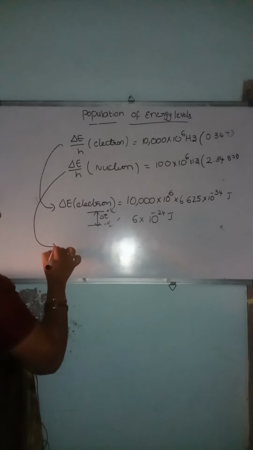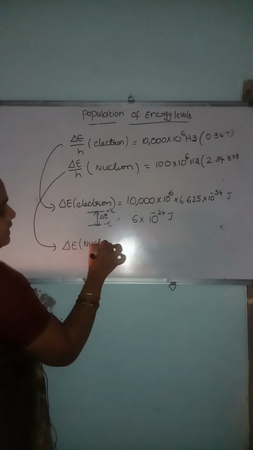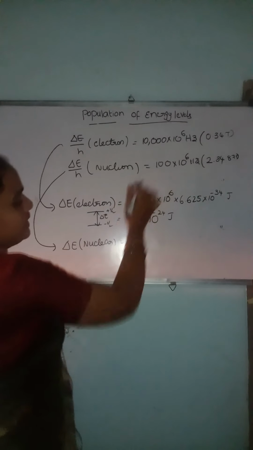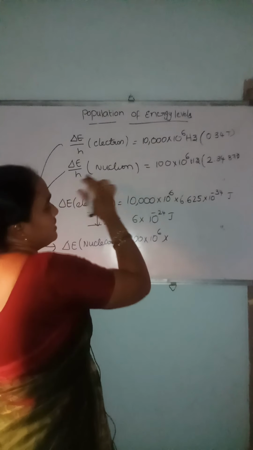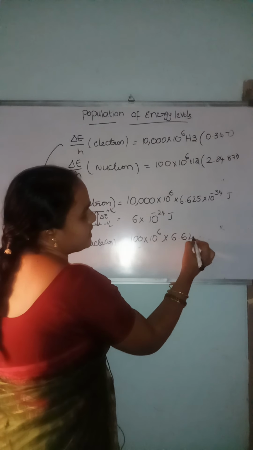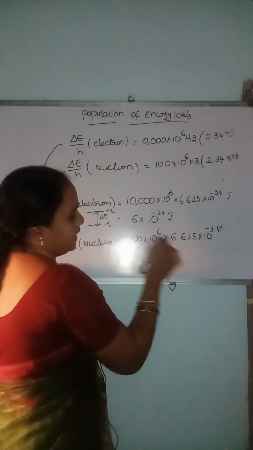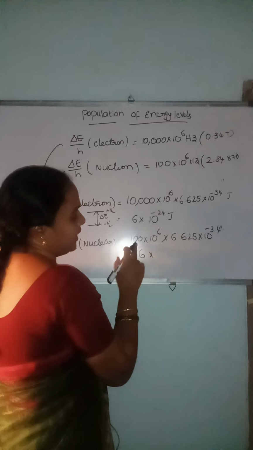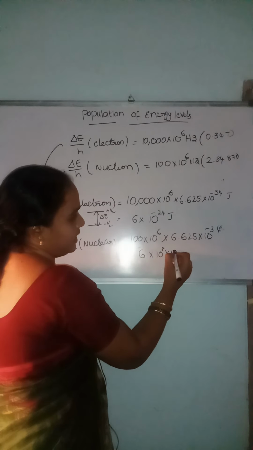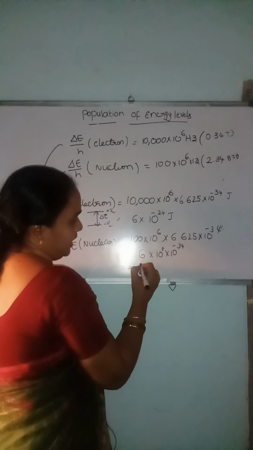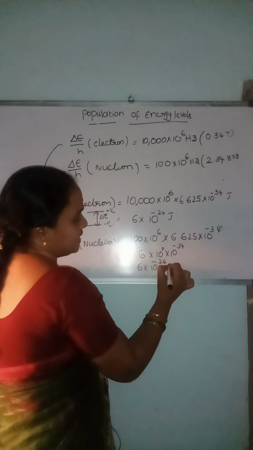Similarly, the separation between the two nuclear spin states can be calculated as 100 into 10 power 6 multiplied by h, which is 6.625 into 10 power minus 34. Let it be equivalent to 6 multiplied by 10 power 8 into 10 power minus 34, which is nearly 6 into 10 power minus 26 joules.